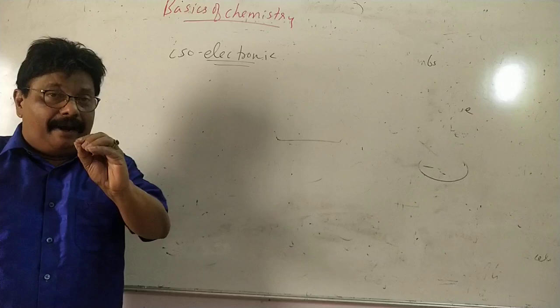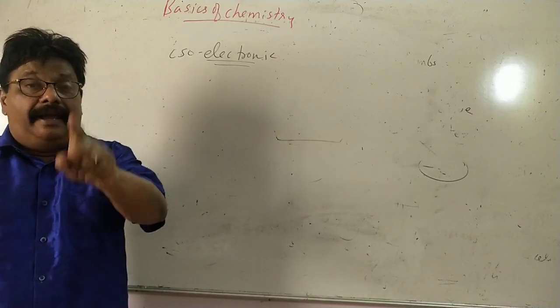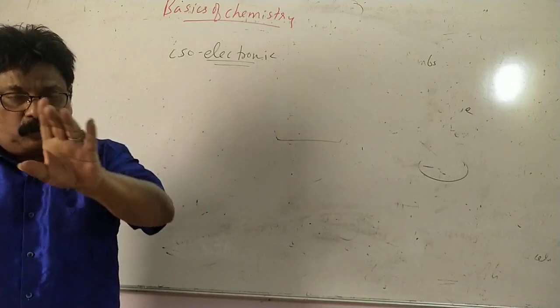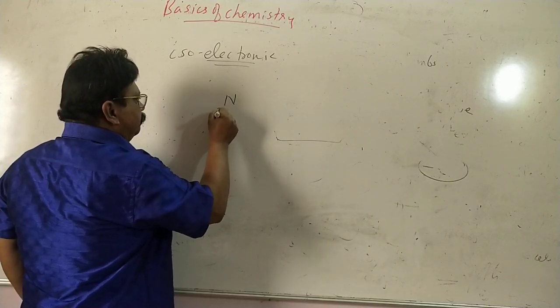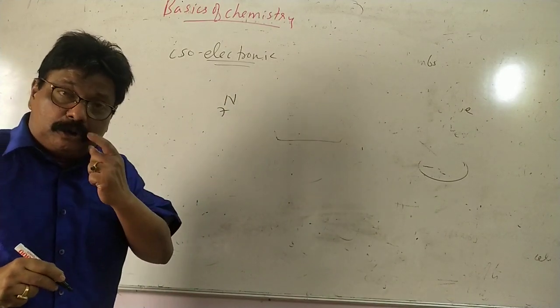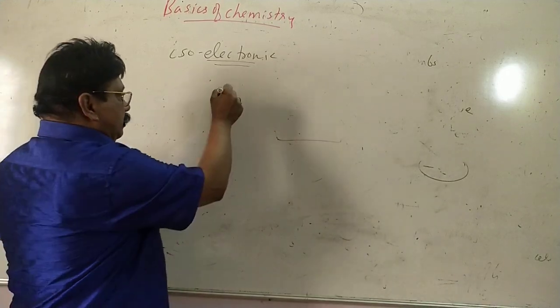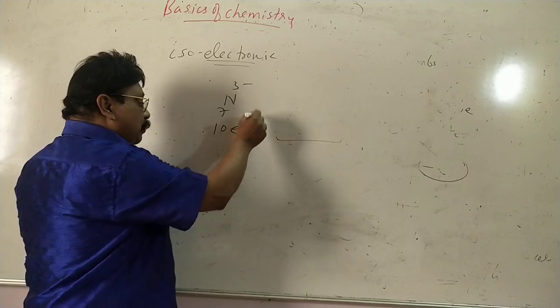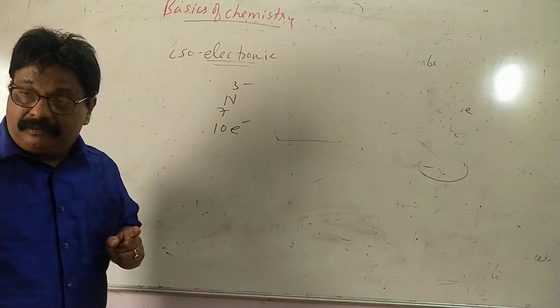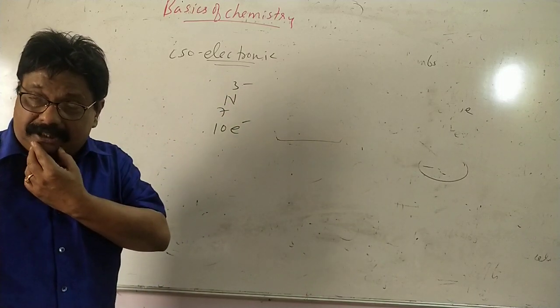If the number of electrons is the same, then they are isoelectronic. Suppose I take nitrogen 7, how many electrons will there be? 7. If 3 more electrons come in, how many electrons will there be? They have 10 electrons. Isn't it, my dear friends? Are you clear what I am saying?